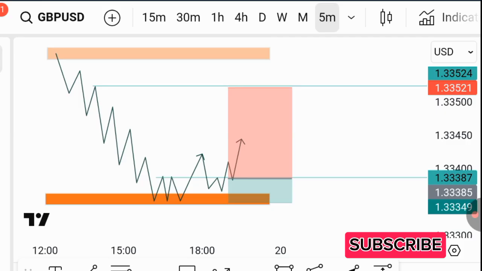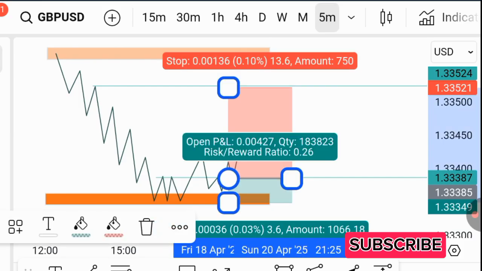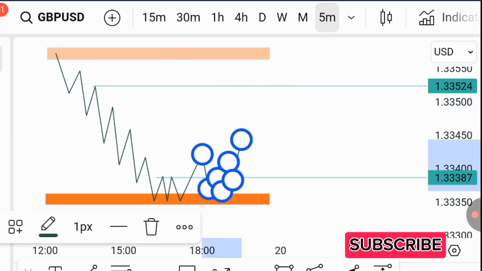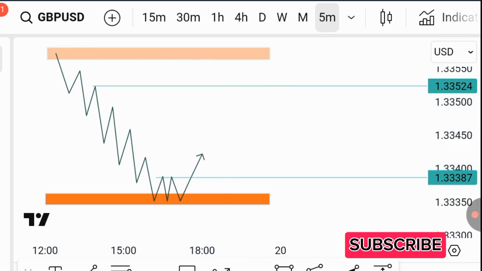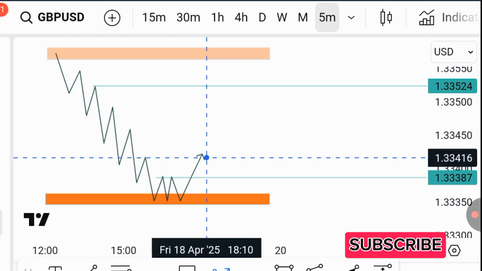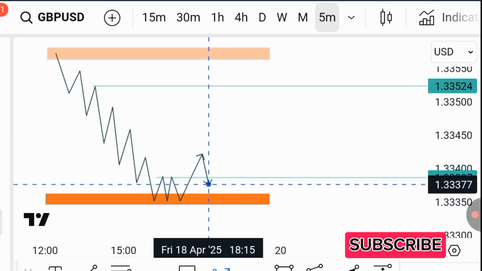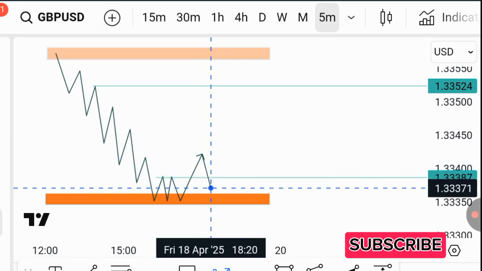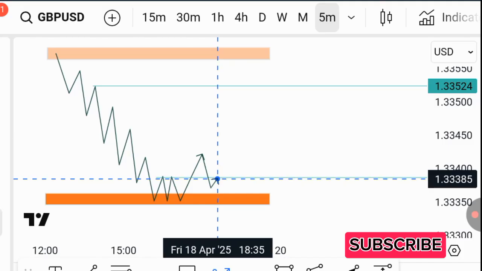But unfortunately, sometimes you are likely going to become the liquidity. Now, what does that mean? Because price hasn't fulfilled its responsibility, which is, price will likely come like this. That is inducement, right?